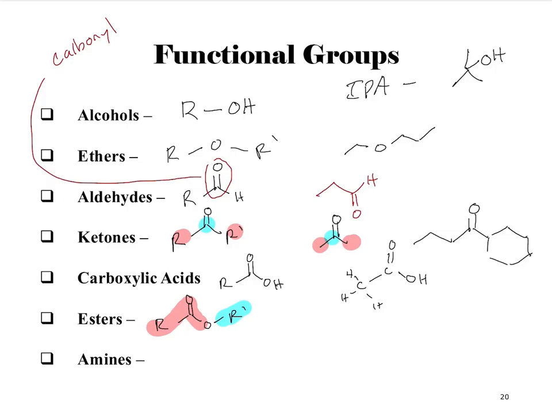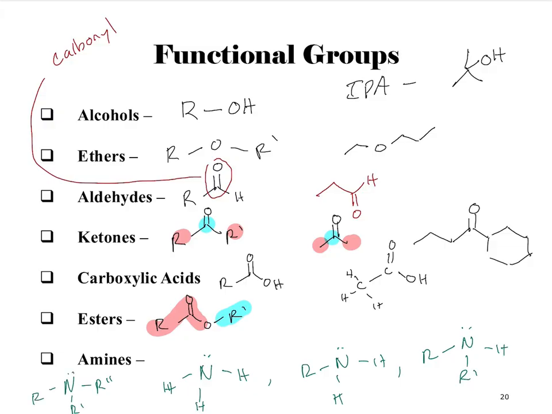And then amines, we can have amine itself, R group, H, R prime, H, this, and then the last one is R double prime, R prime, R, like that.